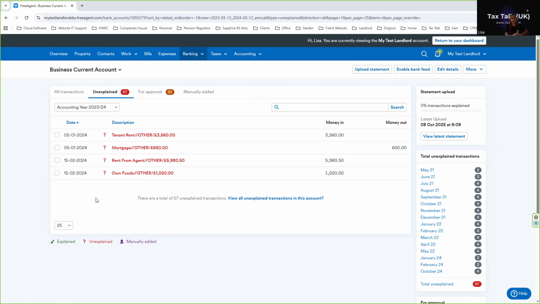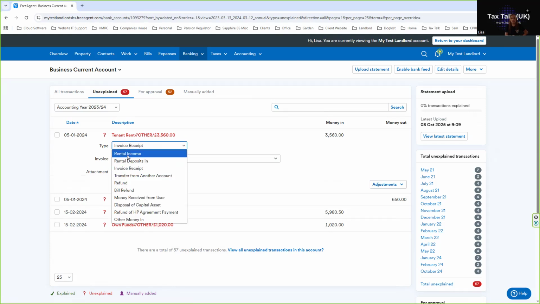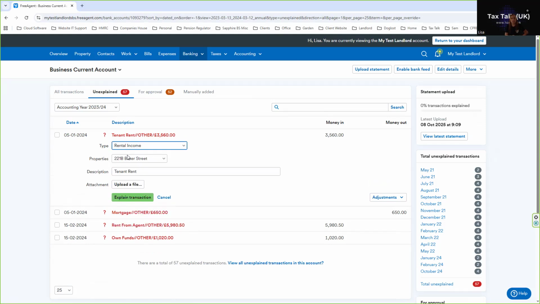So let's start then with the rent in. If we have money directly from a tenant, such as here, then this is quite simple. That is all rental income, so we can simply allocate that as rental income. We have the option here to say which property it relates to, and that helps you to manage your profit per property.